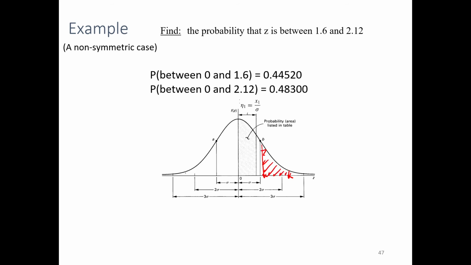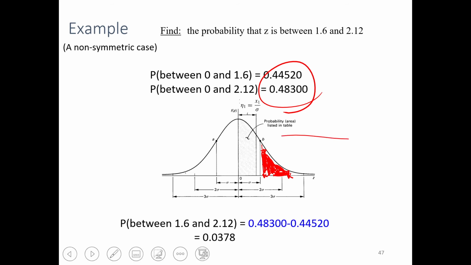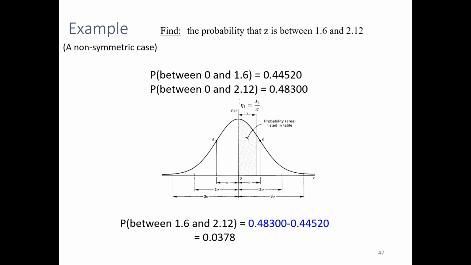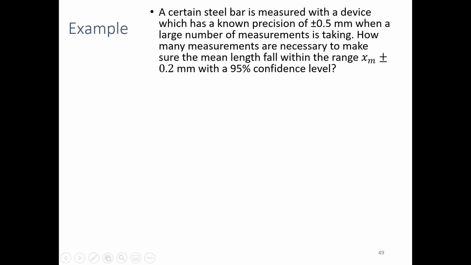It's very simple: we just subtract these two, and that gives you the probability of an observation lying here. And that's it. That's 0.037, or 3.7%.